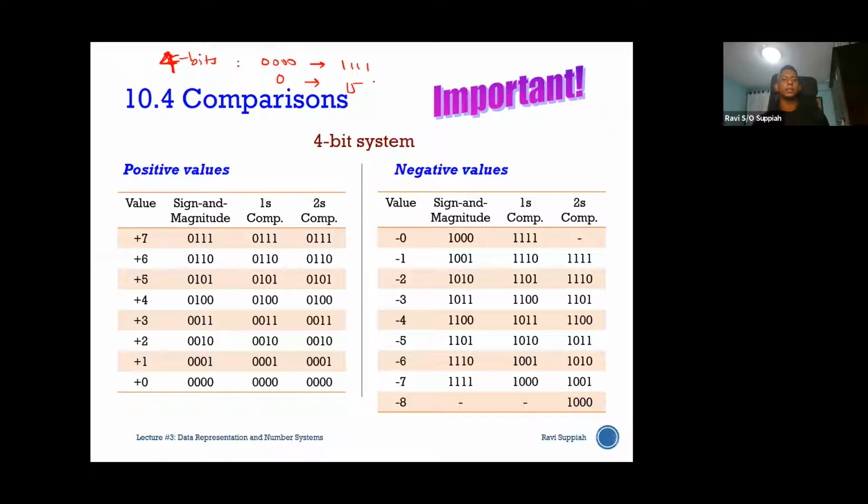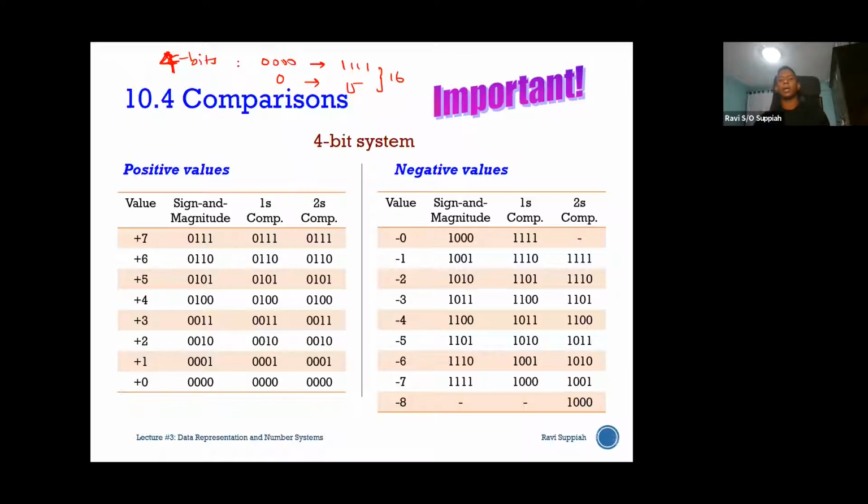This represents 16 different symbols. When I say 0 to 15, that means we are counting only positive numbers. Now I take the same 4 bits and tell you that I'm going to represent it as a system that represents both positive and negative values.